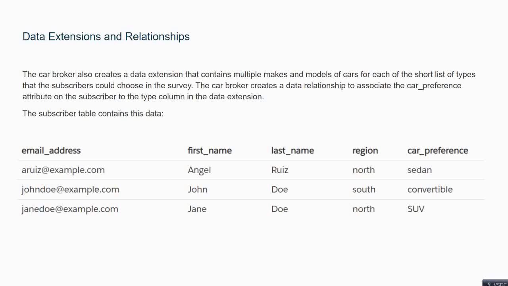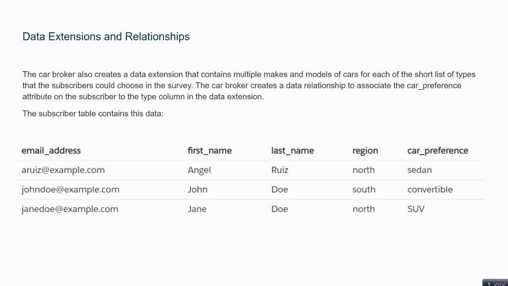These are the information which have been captured earlier through a cloud page, or maybe through a website or a registration form, and sent into the data extension.